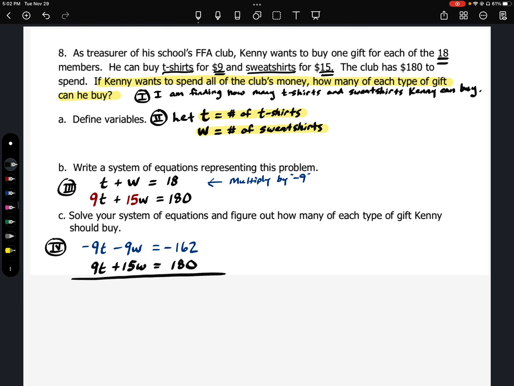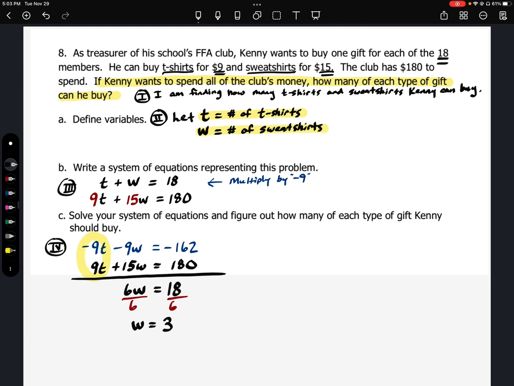And now let's use our elimination. Our 9t and -9t cancel. We're left with 6W is equal to, I believe, 18. So now let's just finish it. Divide each side by 6, and we get that W is equal to 3.